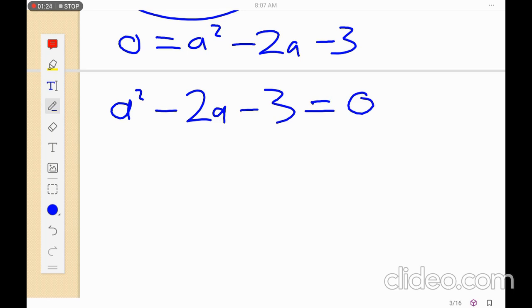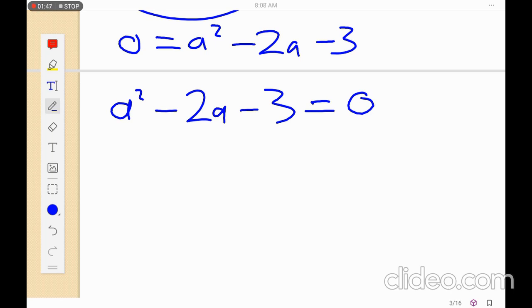Having this, I can now try to find the factors for this equation. Let's see which numbers I can use.